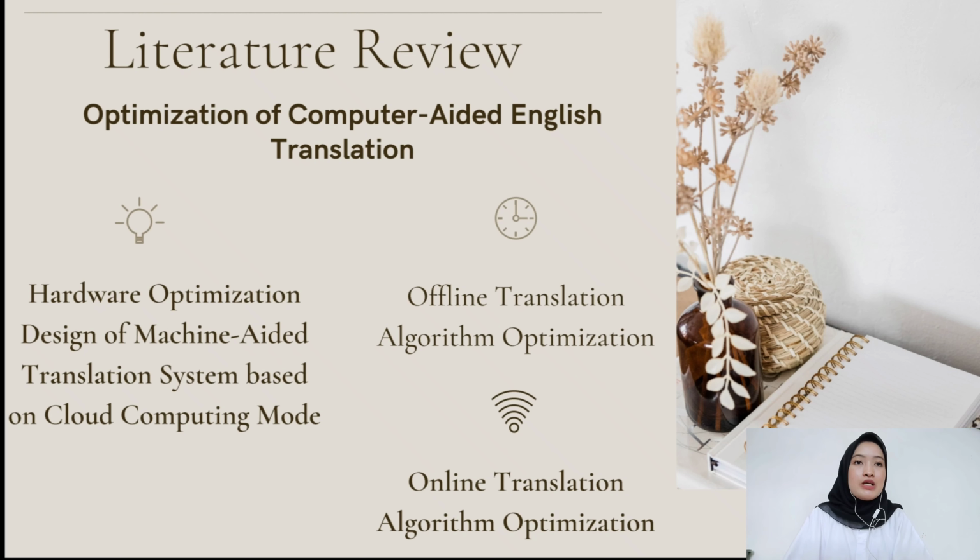To achieve the purpose of efficient translation, the system designs different translation methods for different types of language. And the translation module design in this paper is divided into online translation and offline translation.